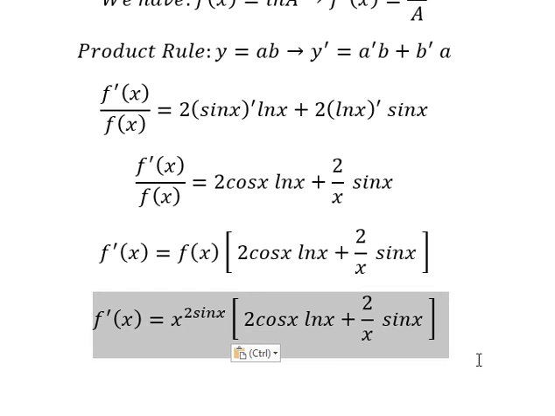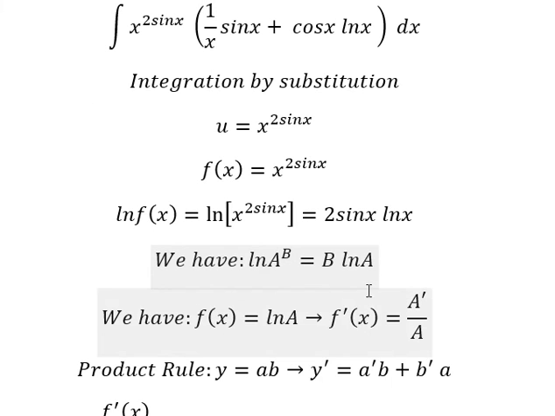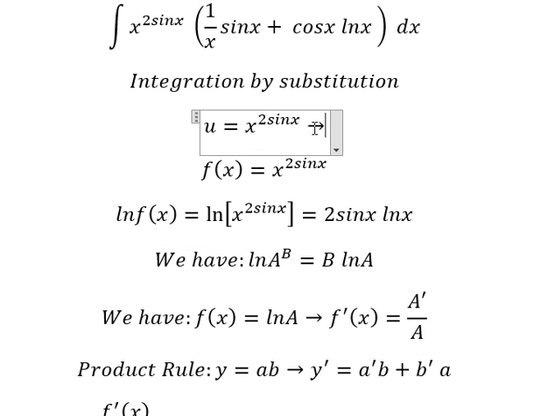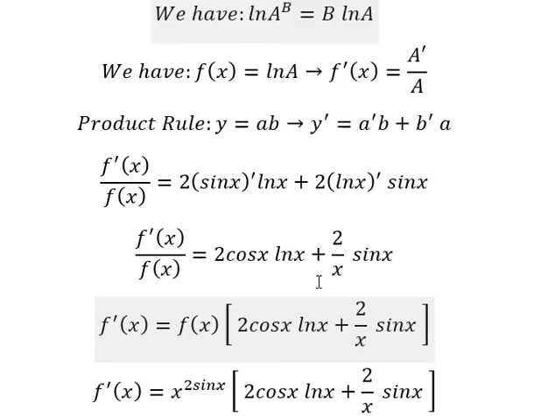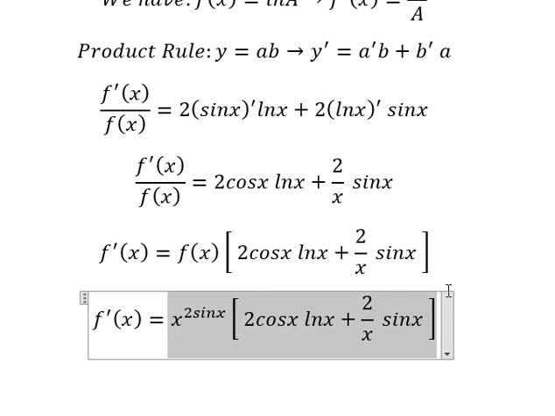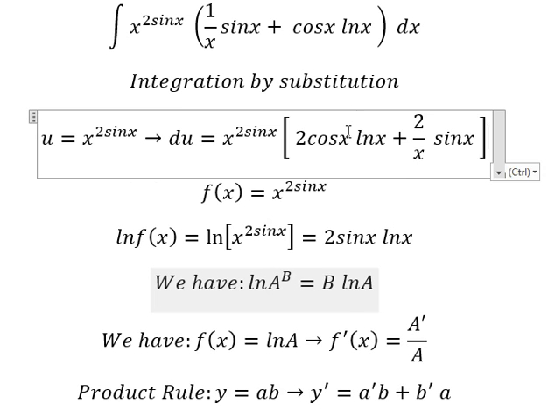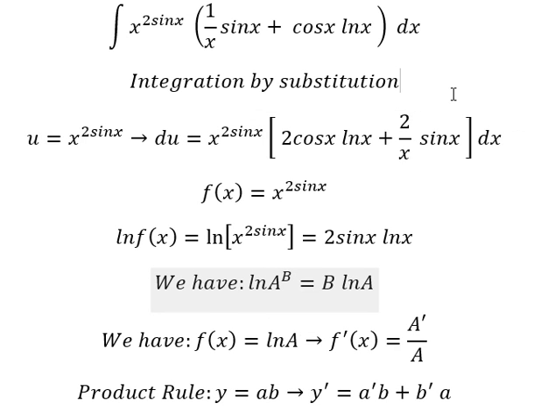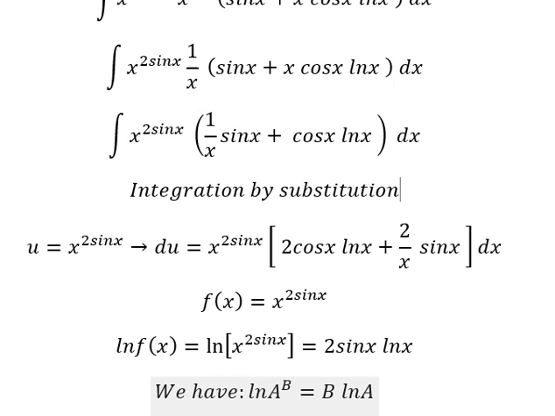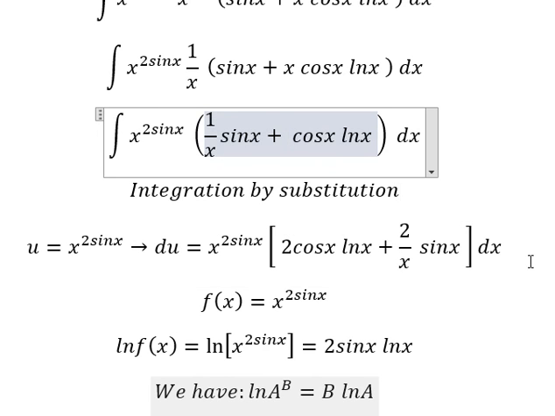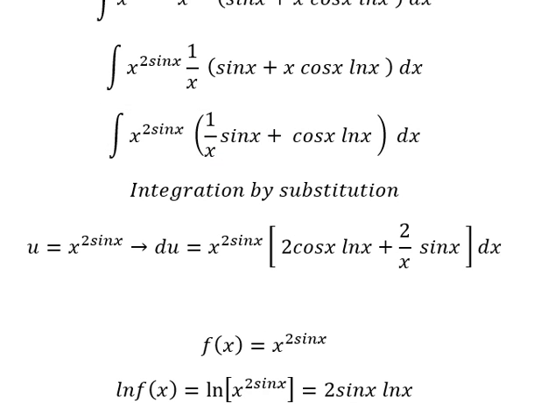And here is the final answer. So we put this one here. So we see that this one we just have only number 1. So we divide both sides by number 2.